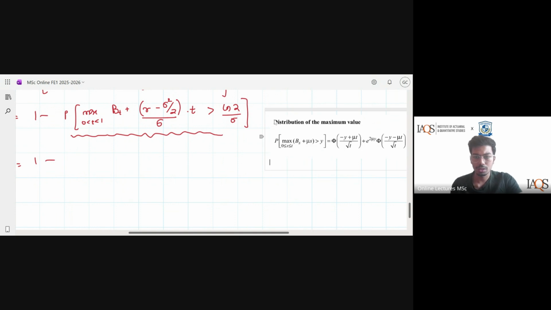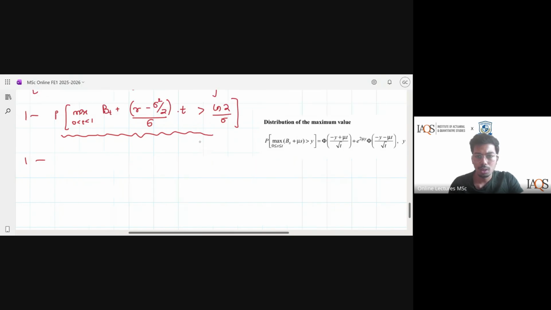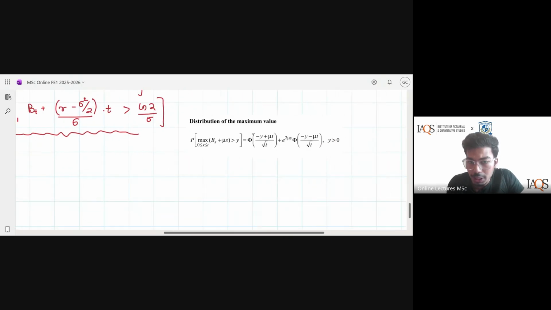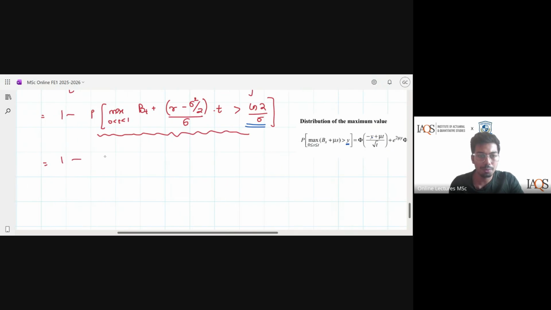I paste it over here. Now, if you draw parallels, 1 minus phi of minus y. What is y? Y is nothing but this particular value.